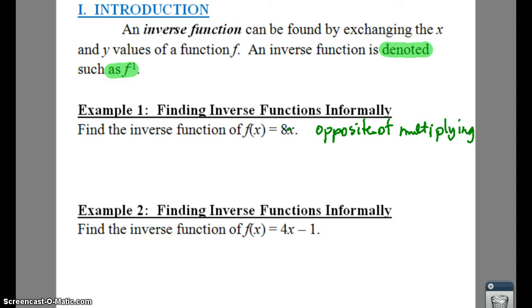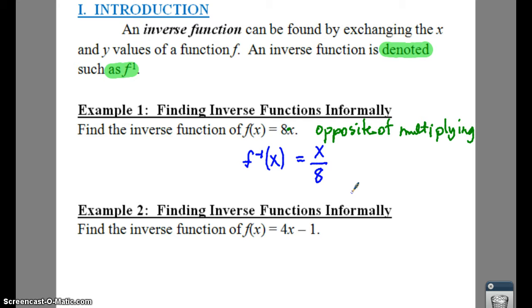So you could informally, very quickly, without having to do your 4 steps, just write f to the negative 1 of x, if you want to find the inverse. F to the negative 1 of x is equal to x over 8. And that would be your inverse informally.